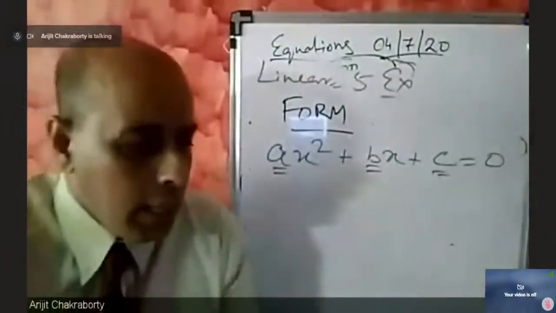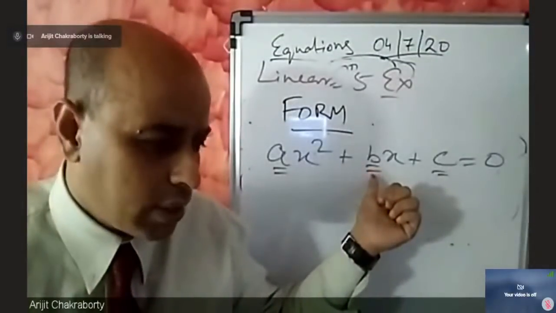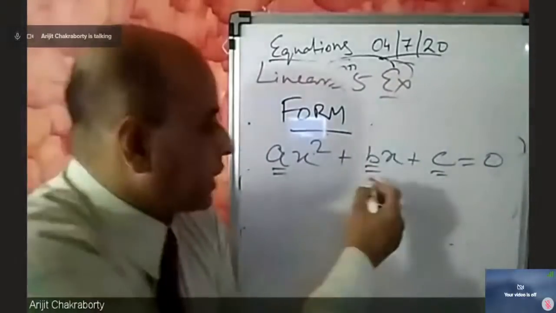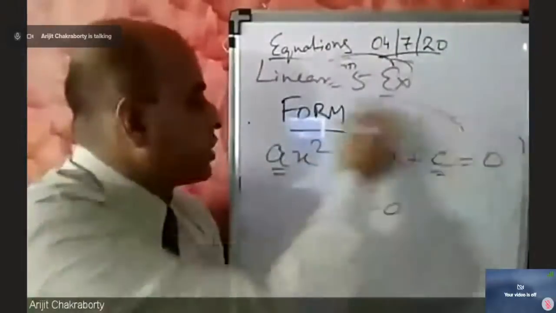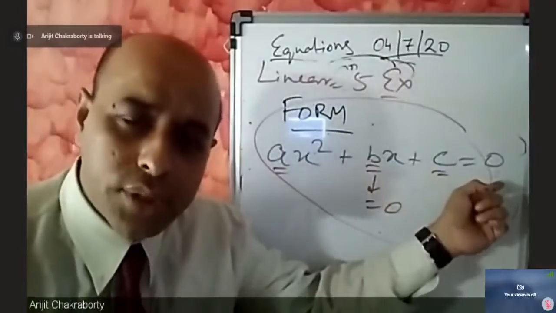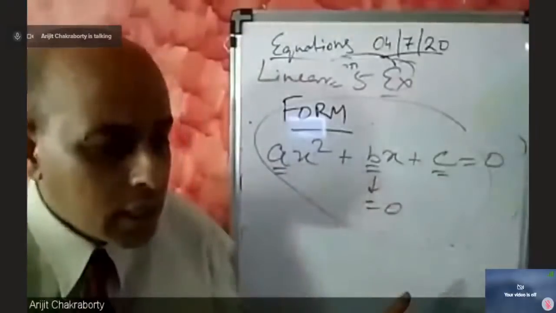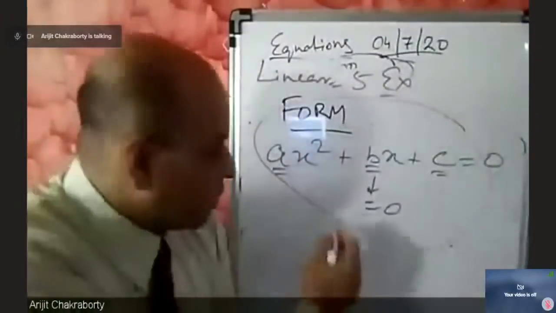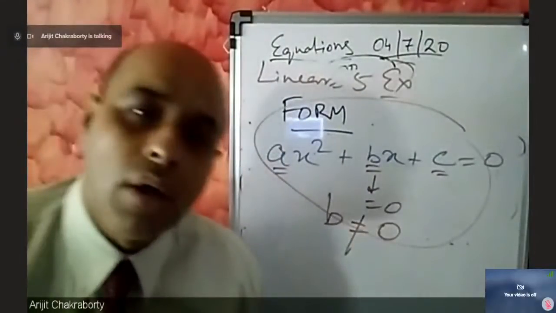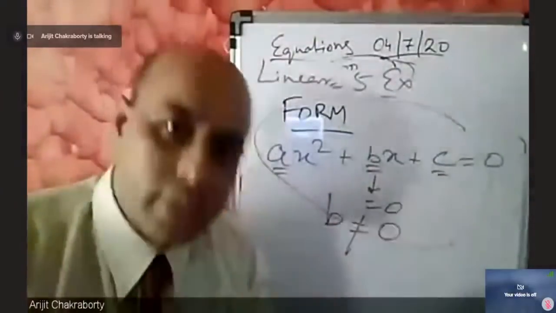Okay, so if b equal to 0, this equation is known as a pure quadratic. If b equal to 0, then this equation becomes ax square plus c is 0, right? So it's called a pure quadratic equation. And if b is not equal to 0, then we call this equation an affected quadratic equation, right?